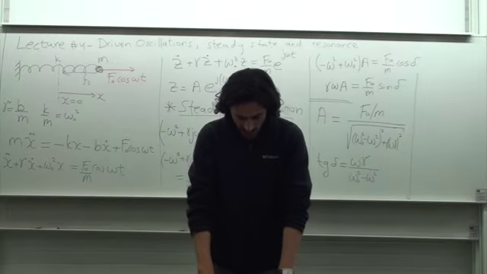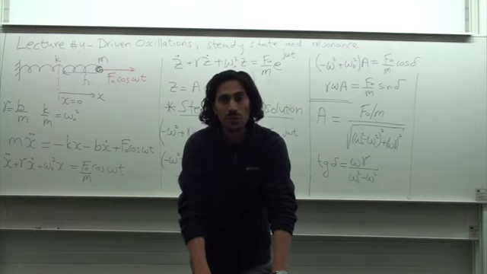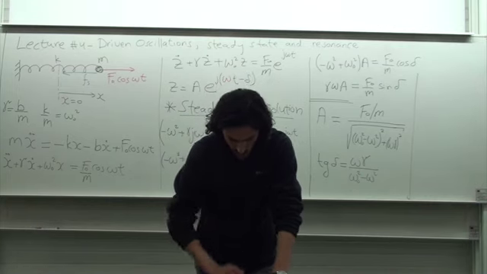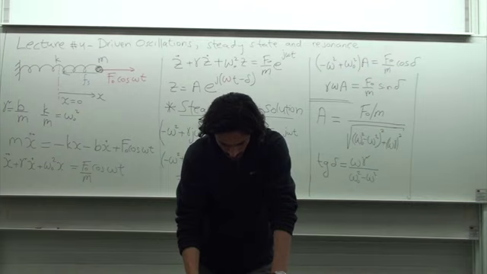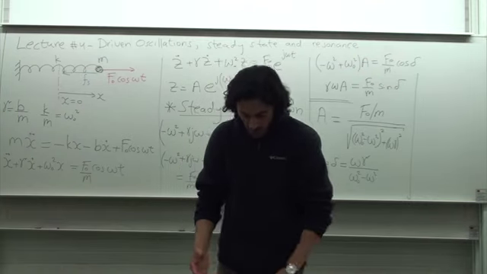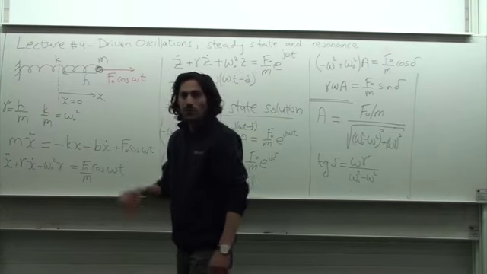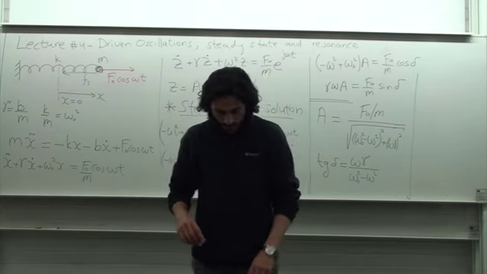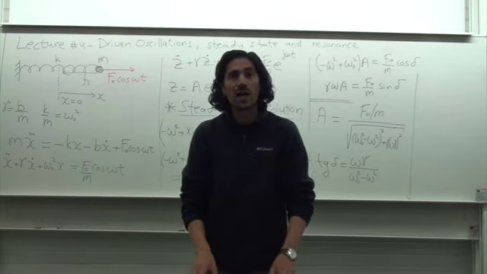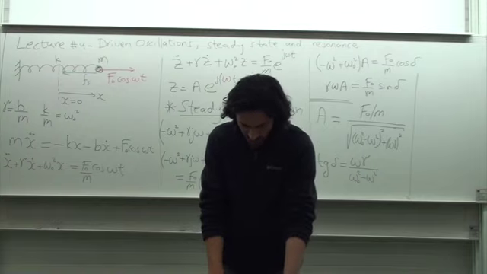Now suppose that we apply a force F0 with a frequency which is very small, close to 0. Which means there's always an equilibrium between the spring force and the driving force. And so all the time there is that equilibrium between the spring force and the driving force.